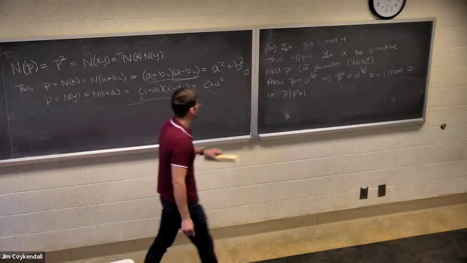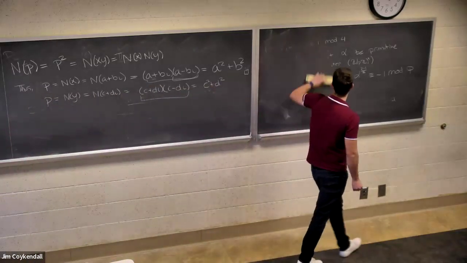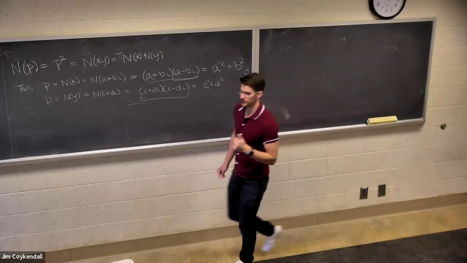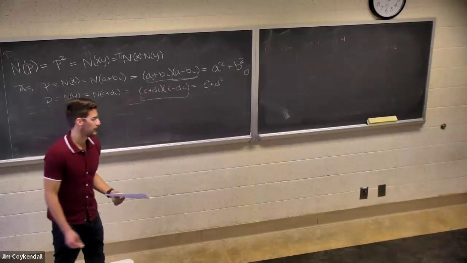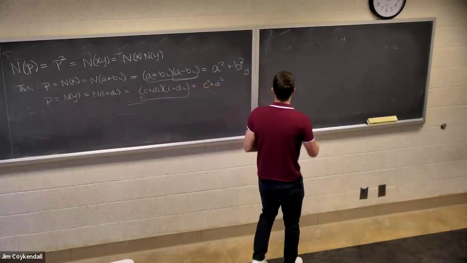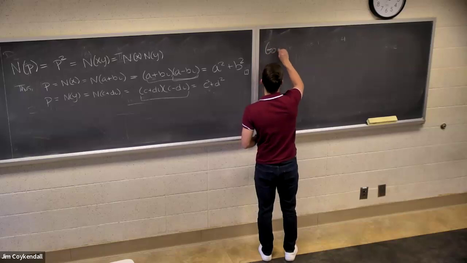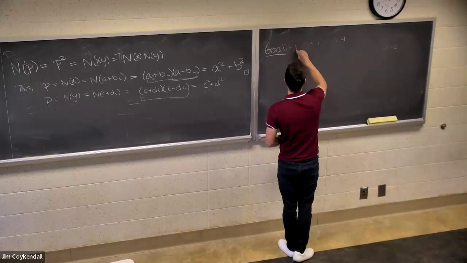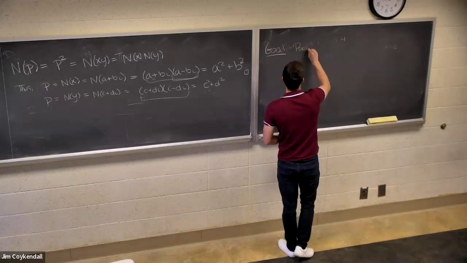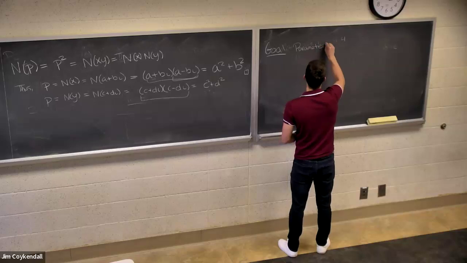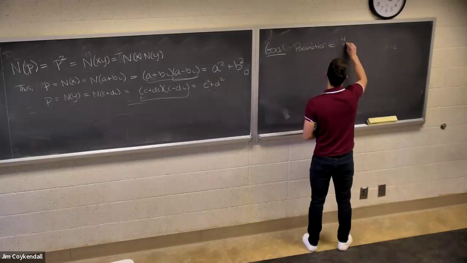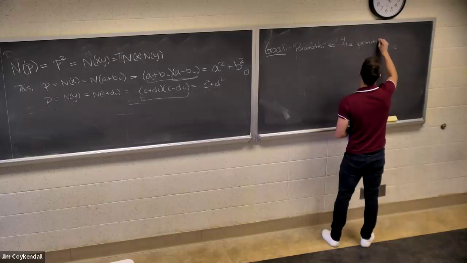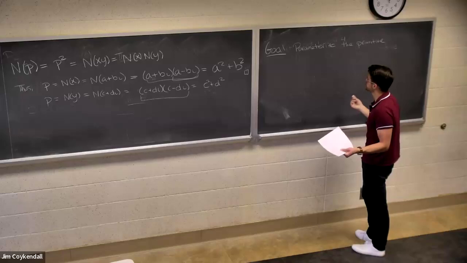So what I wanted to do, but I'll just kind of talk about it a little bit, is give you another way to parameterize the primitive Pythagorean triangles. Meaning the ones where there's no common factor between x, y, and z.